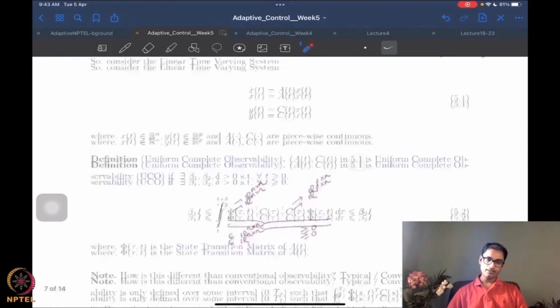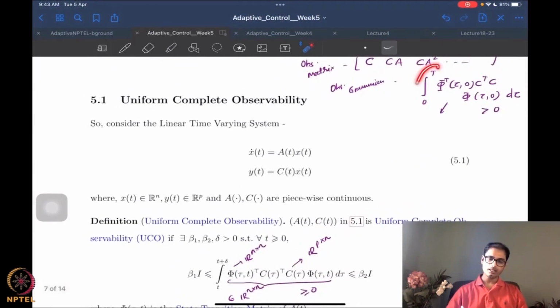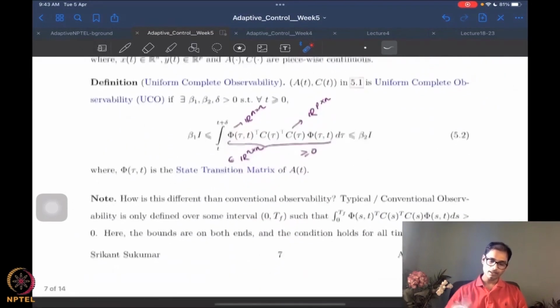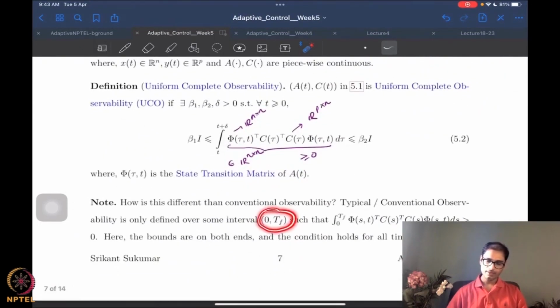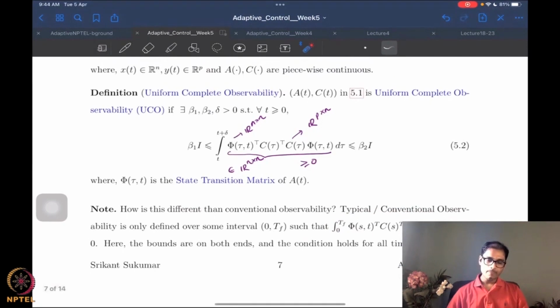The first thing is, in conventional observability, you take the range as 0 to some final time TF. So this is your conventional observability Gramian. You just say that there is a finite time TF such that if you take 0 to TF, this is strictly positive definite. Here we don't have 0 to TF. We say that there is a sliding window of size delta, such that it is positive definite and bounded on all these windows.